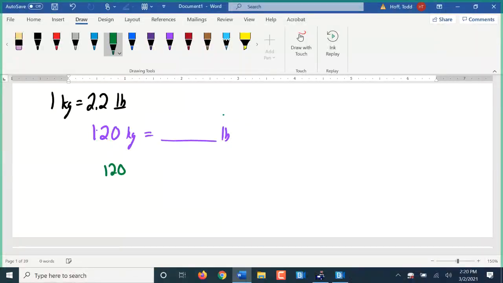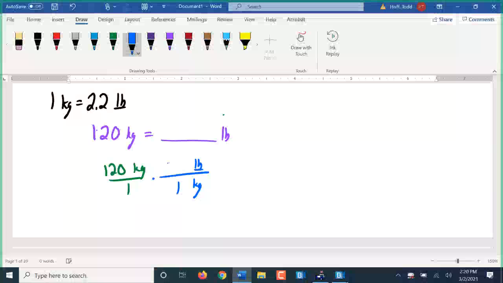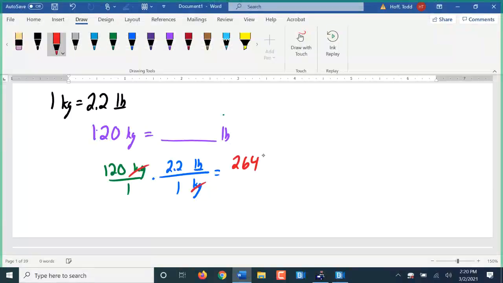Well, we take our 120 kilograms, put it over 1, put kilograms on bottom, going into pounds on top. 1 kilogram is 2.2 pounds. We multiply 120 times 2.2. I believe that is 264. Kilograms cancel out. Pounds. On bottom is just 1 times 1, so that's just 264 pounds. Sounds a lot better as 120 kilograms.